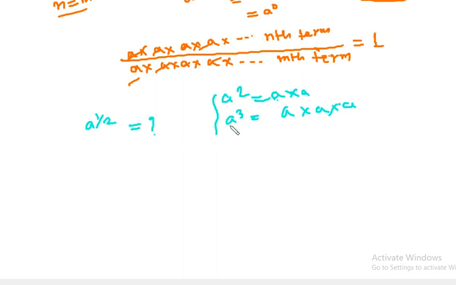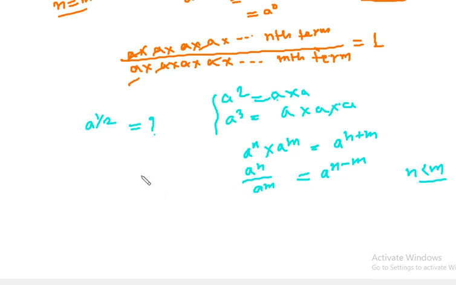No. We started from this and derived a formula: a to the power n into a to the power m equals a to the power n plus m, and a to the power n by a to the power m equals a to the power n minus m. We actually extended this formula for n less than m also.